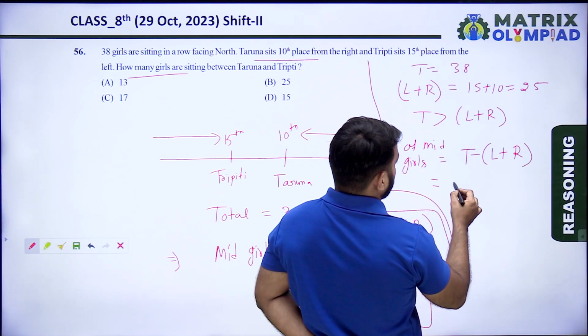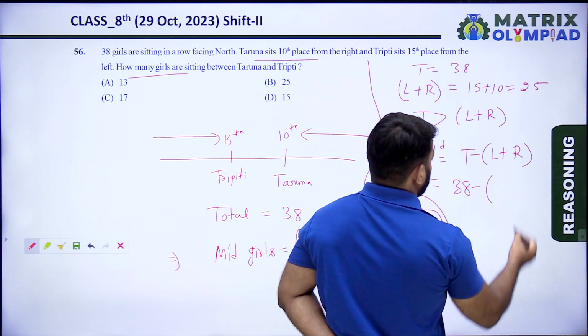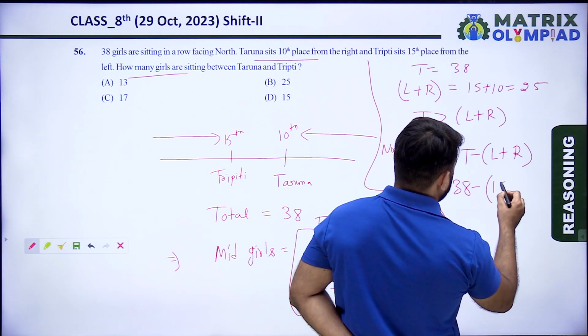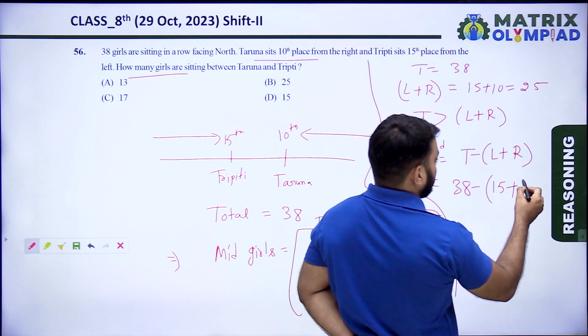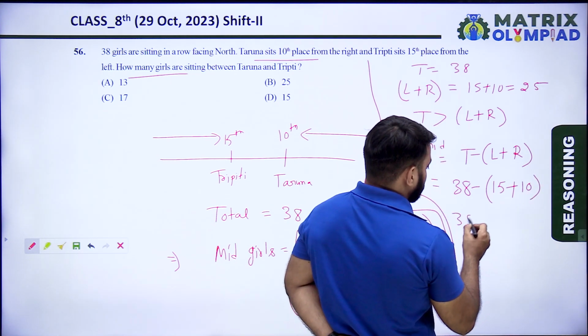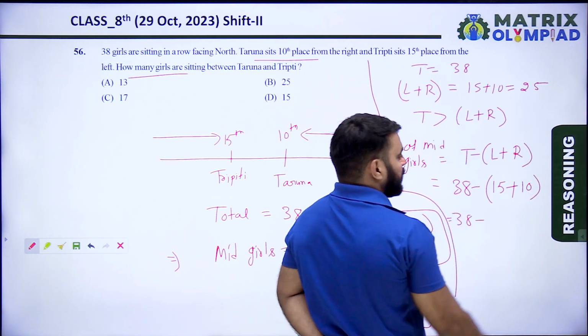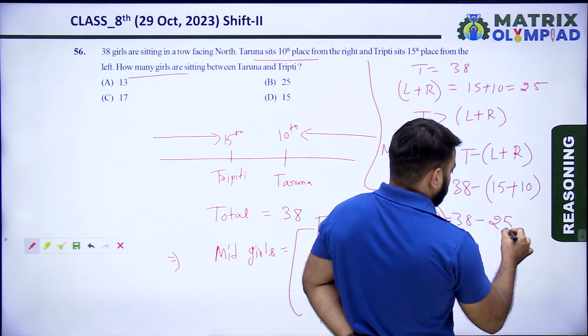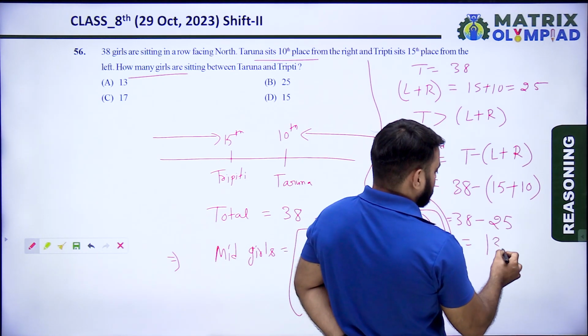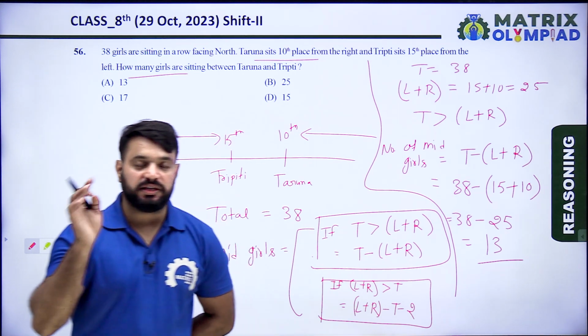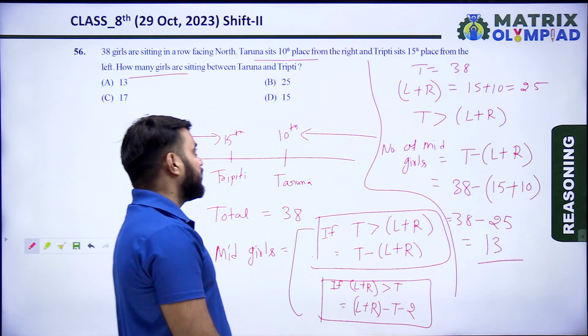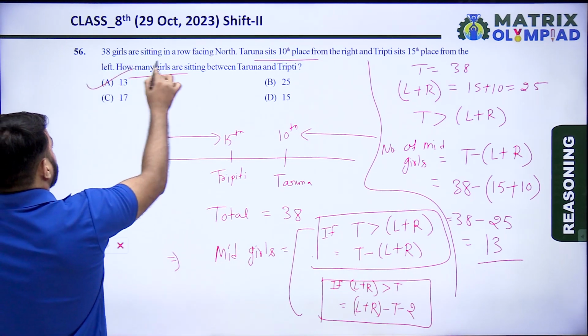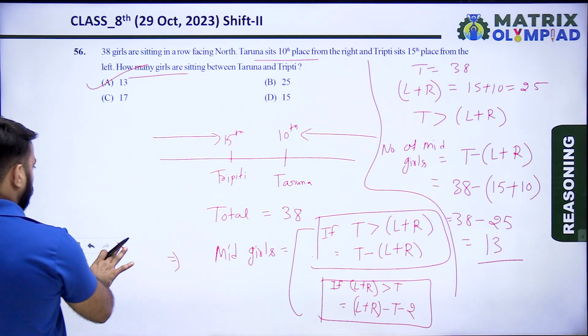So 38 minus 15 plus 10, it means 38 minus 25, it means 13. So there are 13 girls between Taruna and Tripti. So correct answer is option A. So let's move on to the next question.